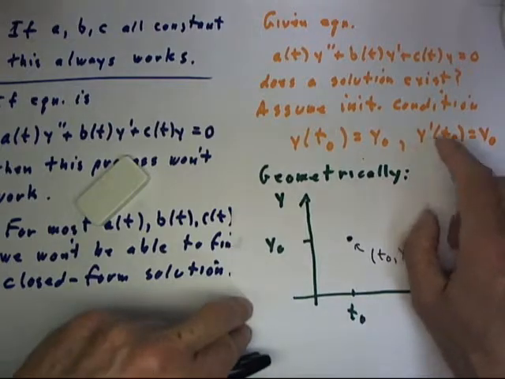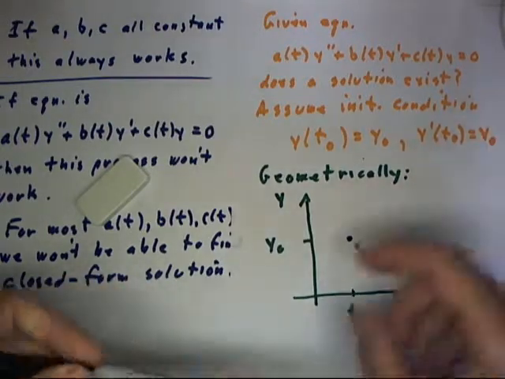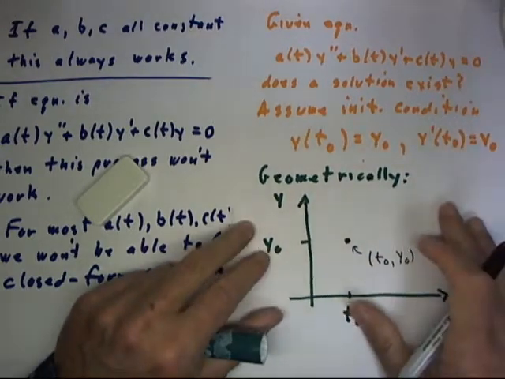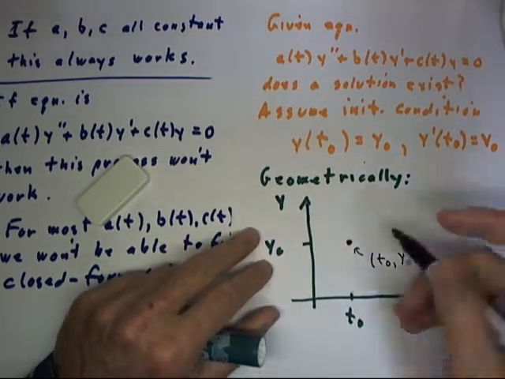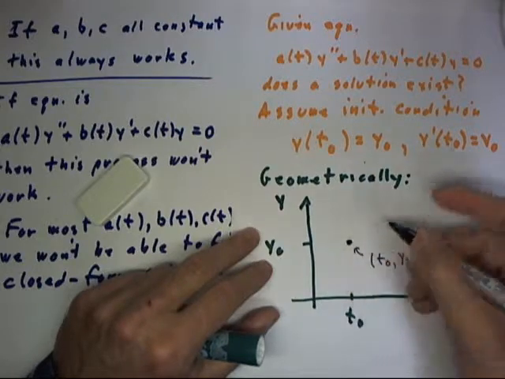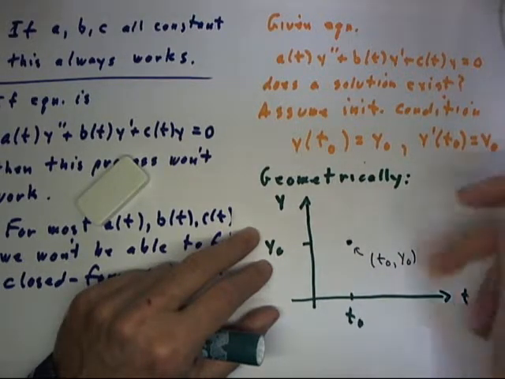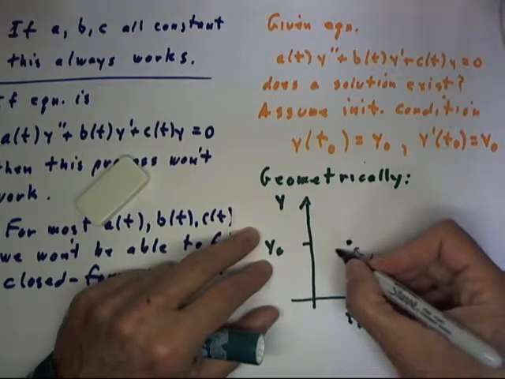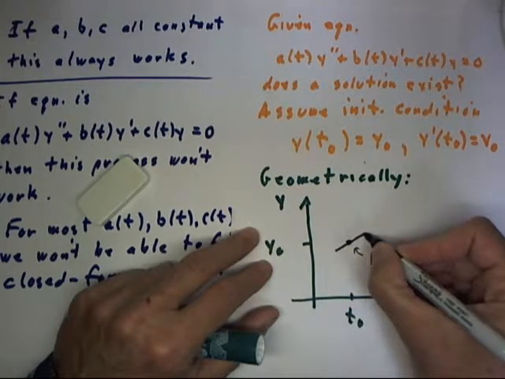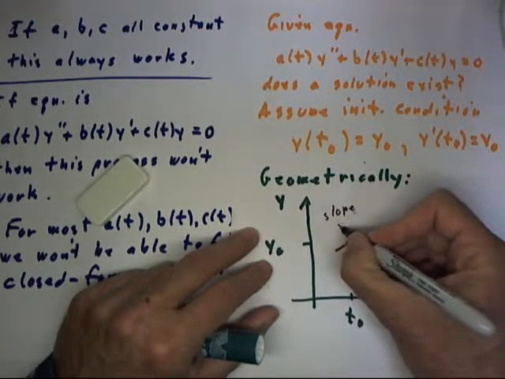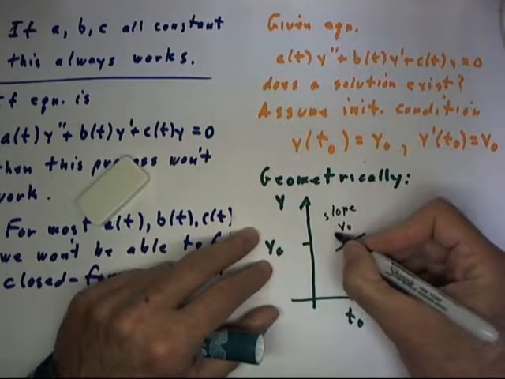Then the condition y prime of t naught equals v naught simply means that the derivative of y, which is going to be the slope of the y versus t curve at the point t naught, is v naught. So at this point it means we have slope v naught.